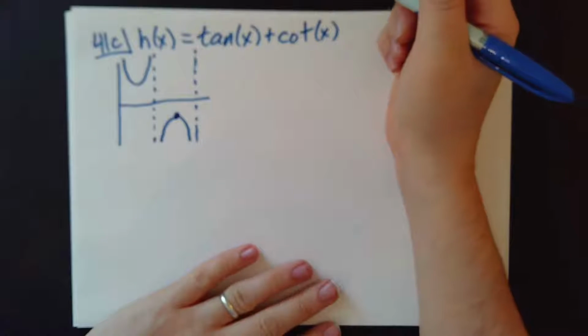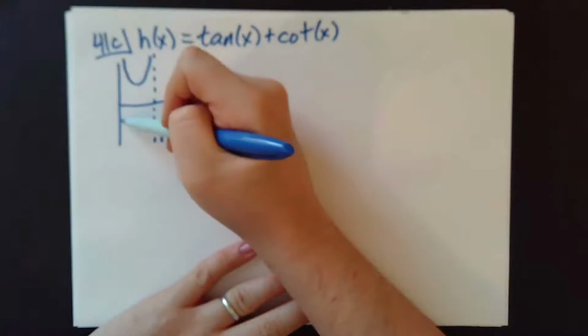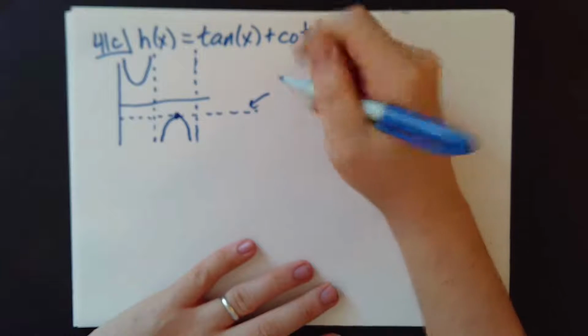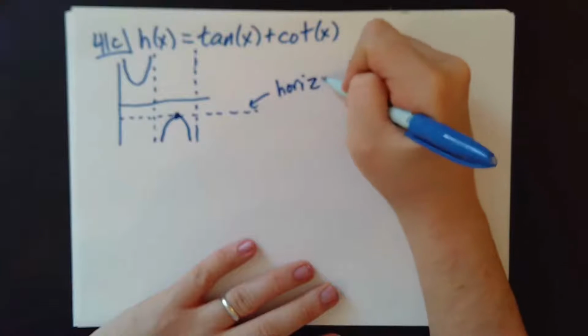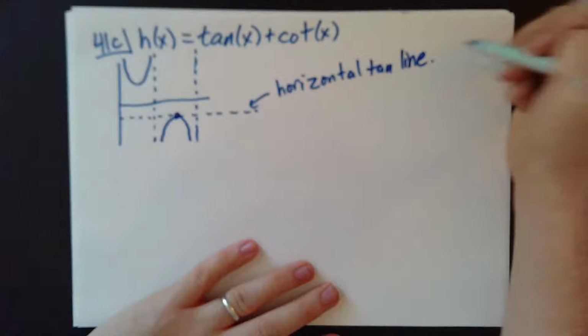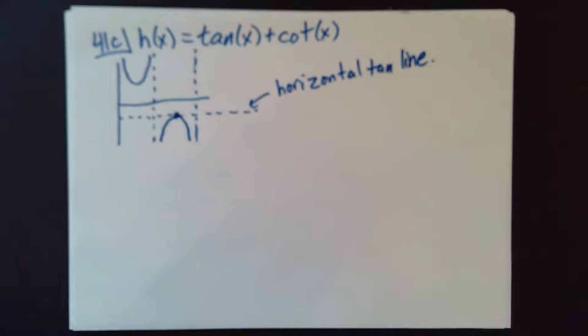Now, it's pretty clear from the picture that at this point the tangent line is horizontal. So in fact, in order to figure out exactly what this is, I actually have to work slightly backwards.